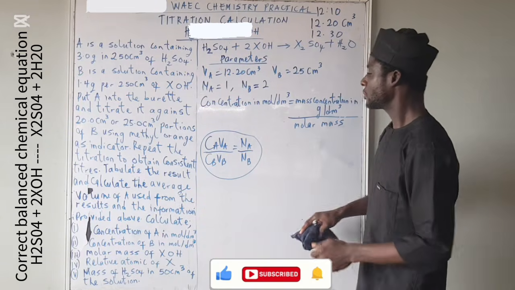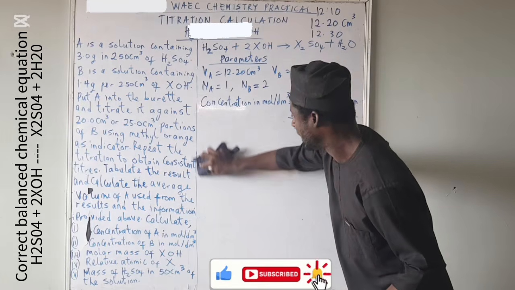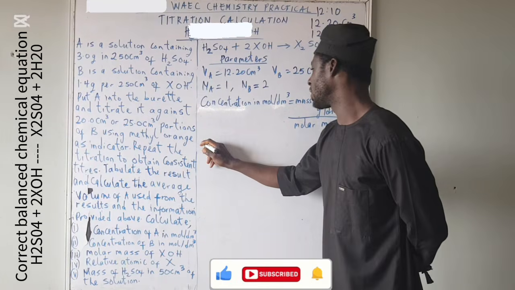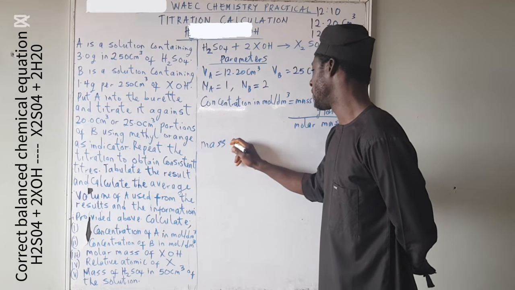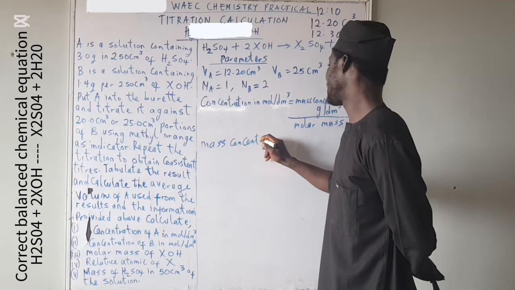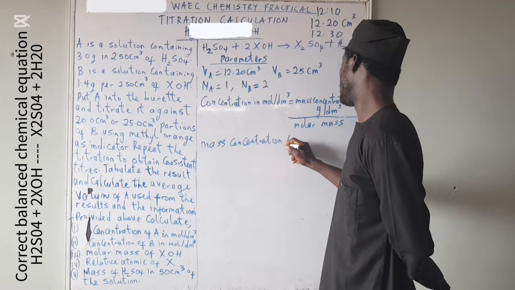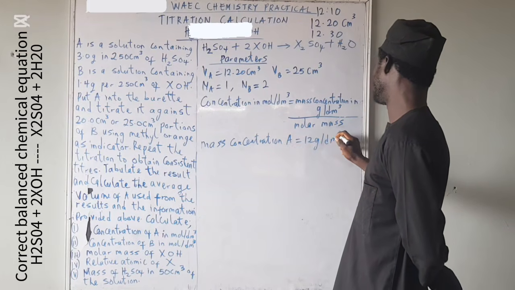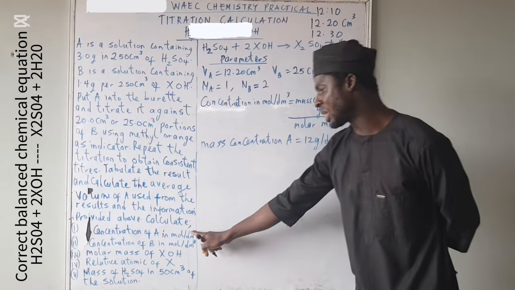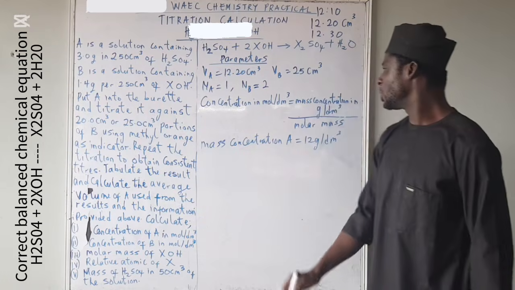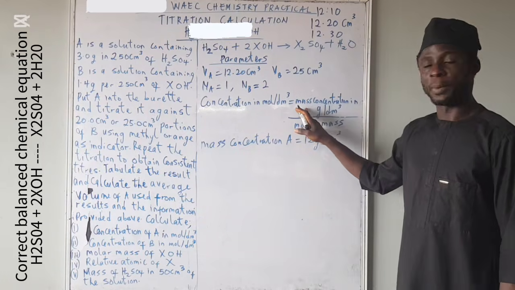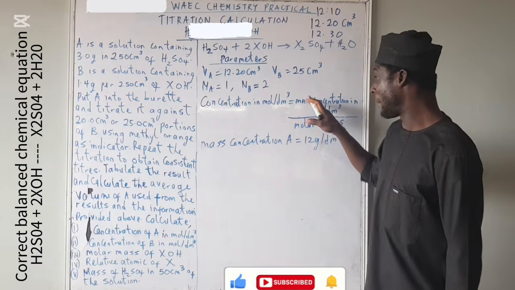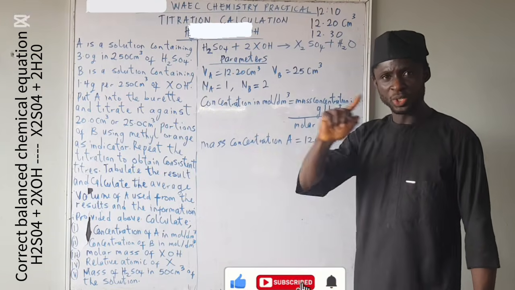So now let's come back to our question. From our first calculation, we have gotten the mass concentration of A, and we got it to be 12 gram per dm cube. So they now ask us to calculate the molar concentration of A. This is the formula that we can use because it connects both mass concentration and molar concentration together.